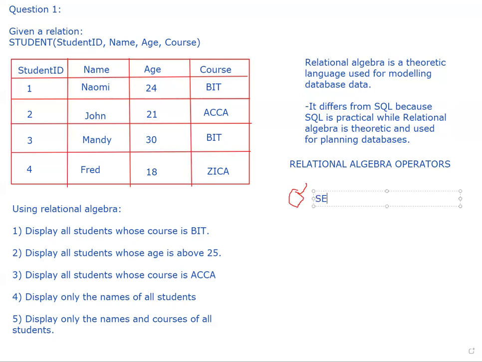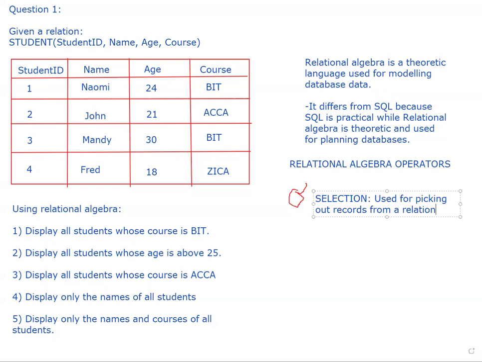Selection is used for picking out specific records from a relation. A relation is a table.